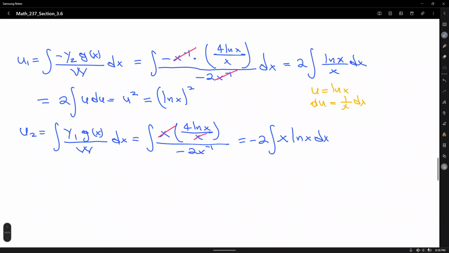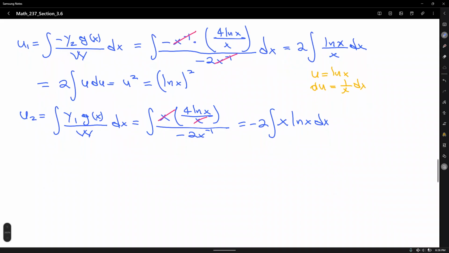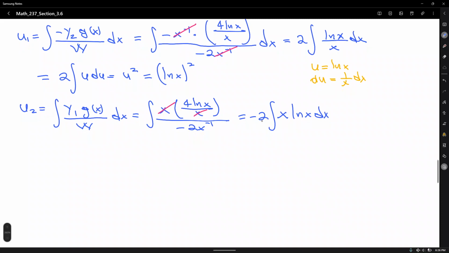All right. Well, so actually, to evaluate this integral, we would need integration by parts. And to make this video a little shorter, I'm going to skip the steps of the integration by parts. I'm just going to give you the result. So be careful, because we have a negative 2 coefficient. So that is negative 2 times whatever we get from integrating this one by parts, which is x squared over 2 ln x minus the quantity x squared over 4.